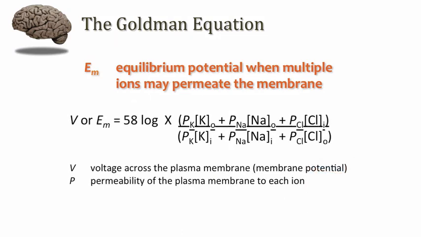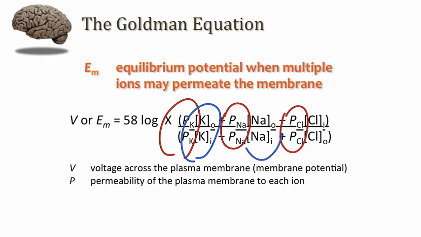So this equation includes a permeability term for each ion that we might be interested in, and it also includes the concentration gradient, which allows us to consider the Goldman equation as an extension of the Nernst equation for permeant ions.